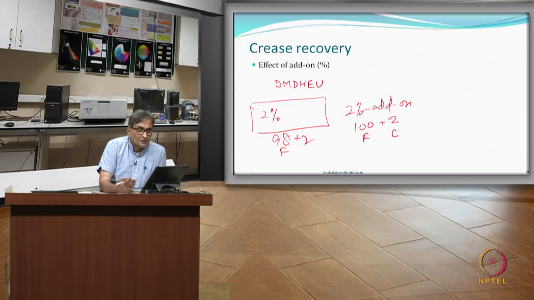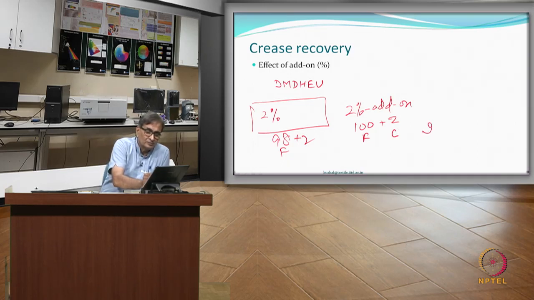So this is how one would be able to understand the difference between content and add-on. Let us say we are talking about add-on. If you increase the add-on, then what do we expect would happen to crease recovery?